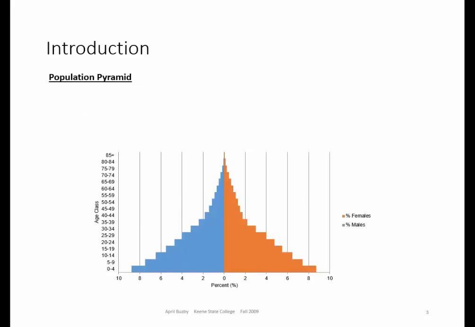And this is, again, the population pyramid. And to review, you can see the cohorts and the age groups. You can see the division of sex, male on the left side, female on the right side, and the different age stages.